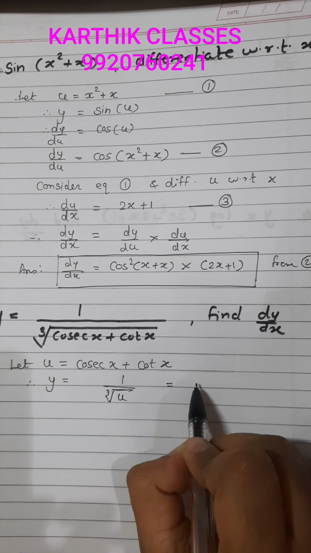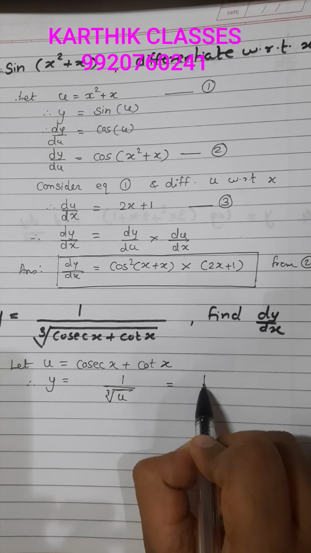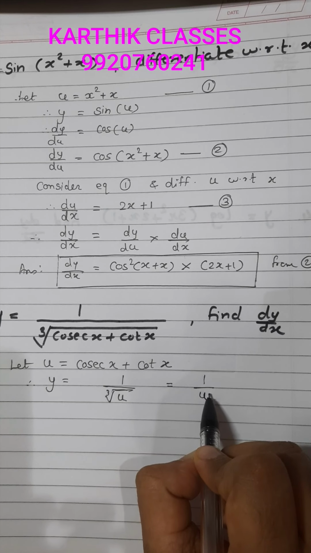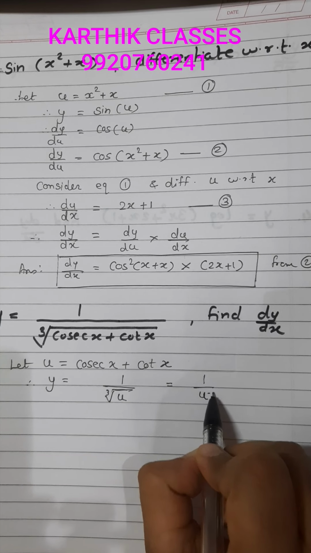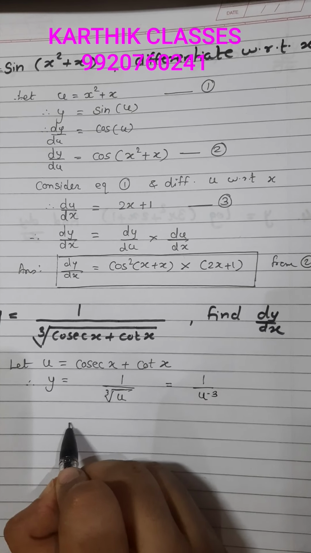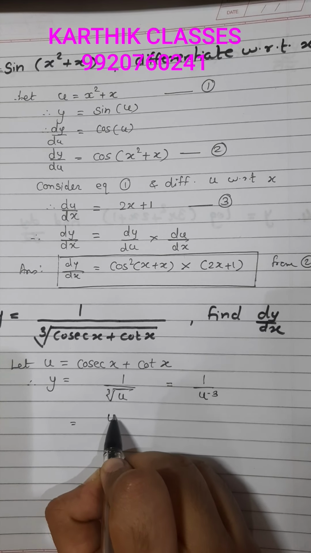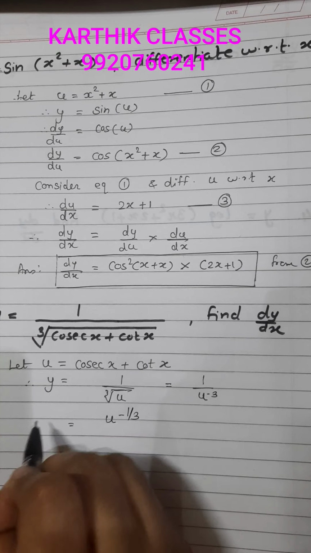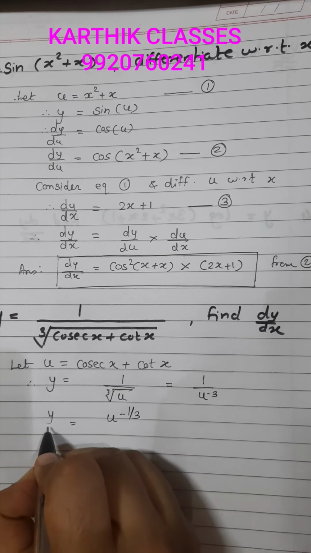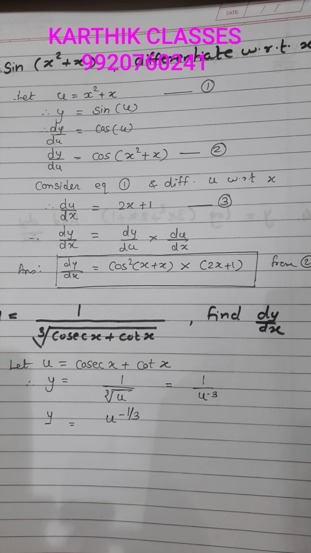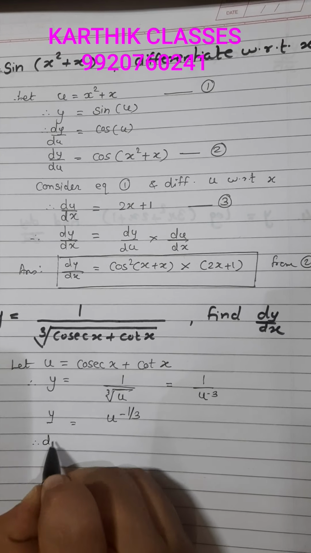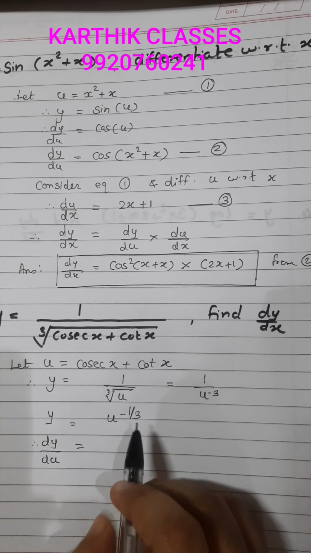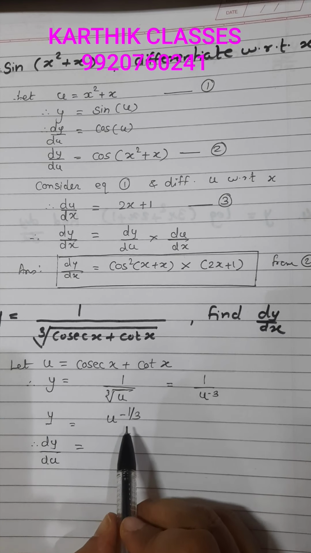Okay, here I have written u. So you know that is 1 upon u raised to 1 by 3, correct. So when I take the degree up, it becomes u raised to minus 1 upon 3. So y is actually u raised to minus 1 upon 3. So when I differentiate y with respect to u, I have taught negative index in the previous lecture.